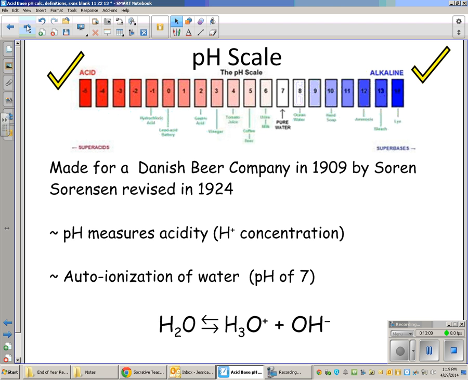So now we use a pH scale because it's really applicable. We have all kinds of stuff that needs to have a specific pH. What's the pH of your blood? 7.26. If you go outside of that range by more than like 0.05 or something like that, your body goes crazy and does not know what's going on. Your body organs can shut down in some situations.